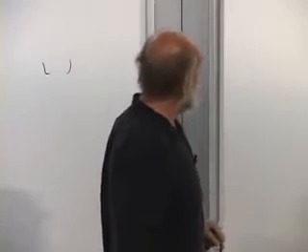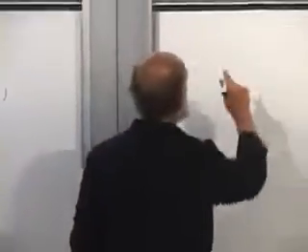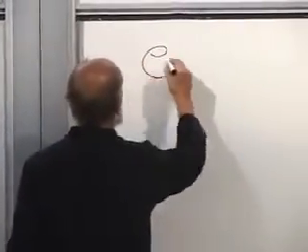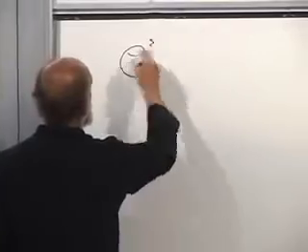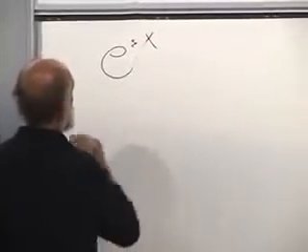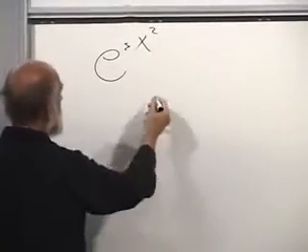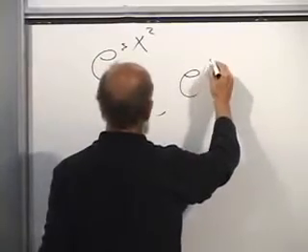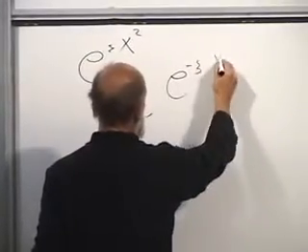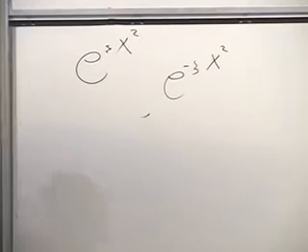Each solution, we'll see, is exponential in a certain way. One solution goes like e to the some constant times x squared, and the other one goes as e to the same constant times minus x squared. There are two kinds of solutions, ones which blow up and ones which fall to zero.